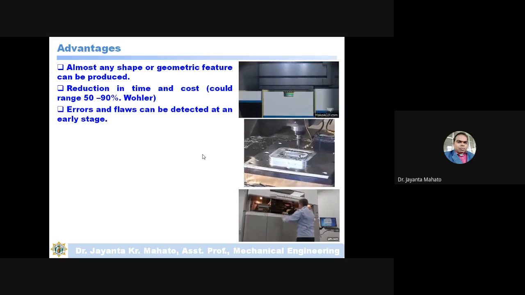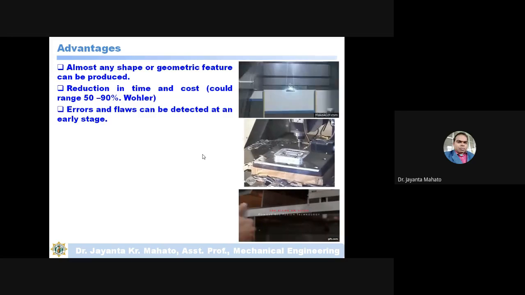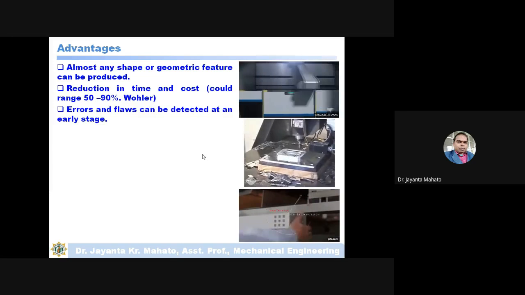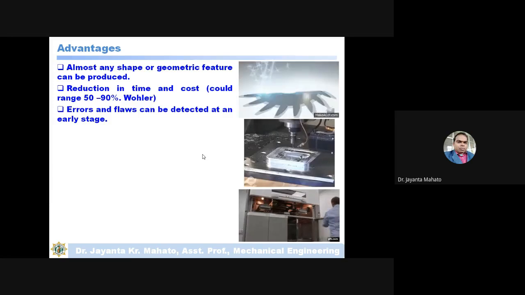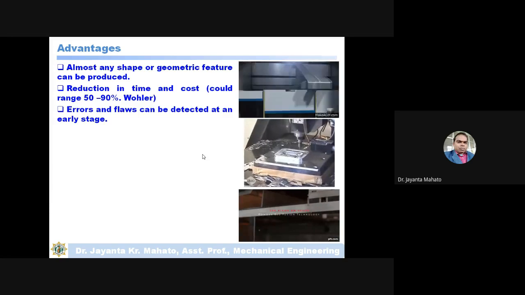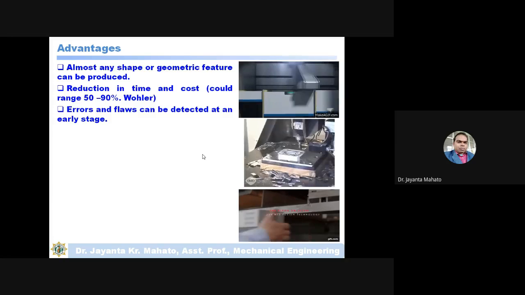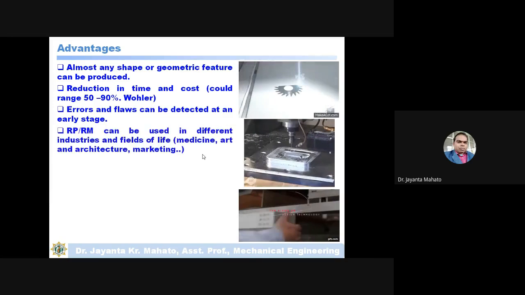Errors and flaws can be detected at an early stage. Means if there is any error in the design of the product, during the designing of the product the error can be detected. So error can be detected at an early stage of the manufacturing.